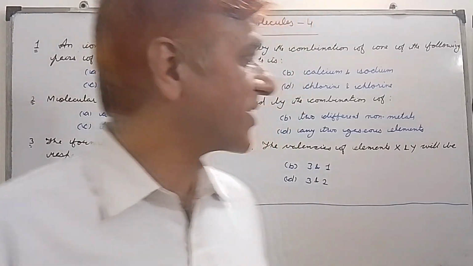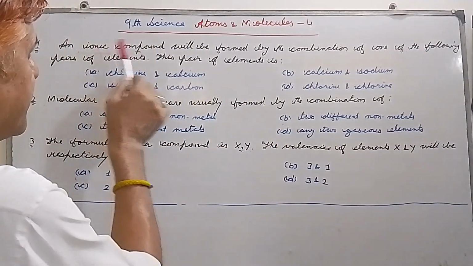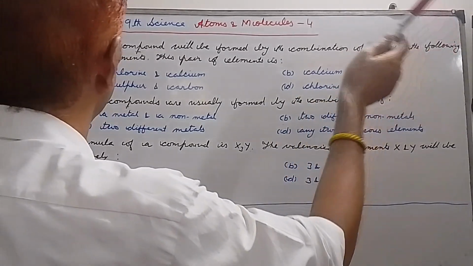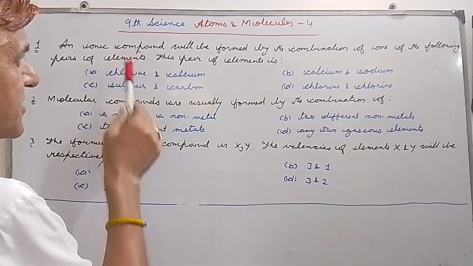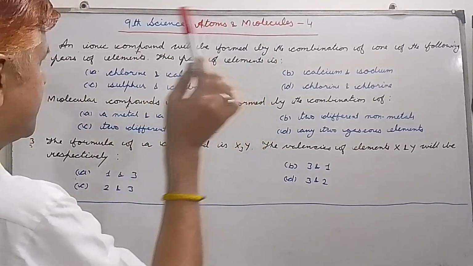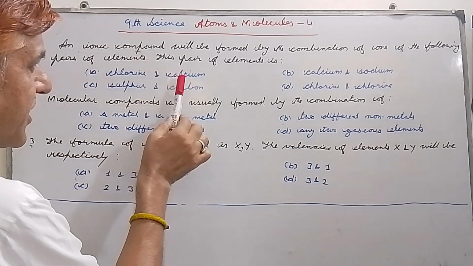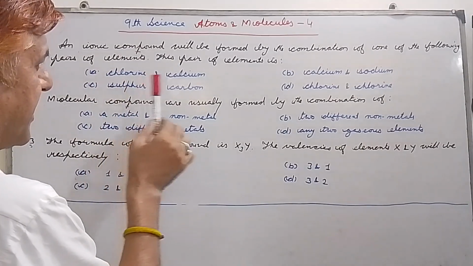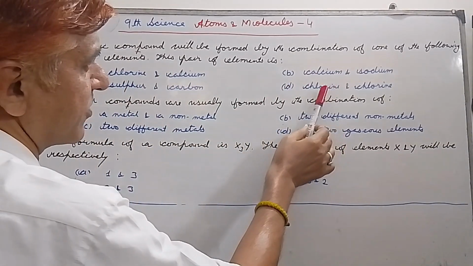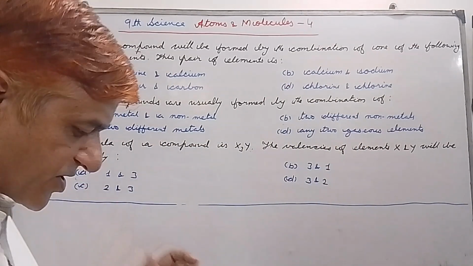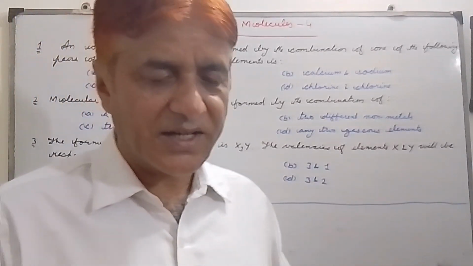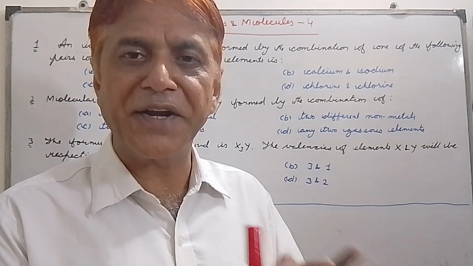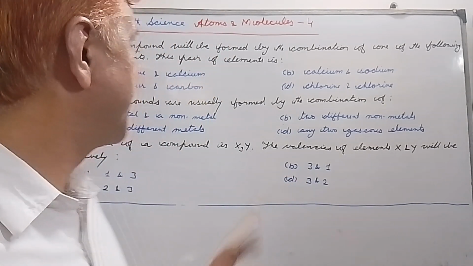The first question which we have taken is: an ionic compound will be formed by the combination of one of the following pairs of elements. First option is chlorine and calcium, B is calcium and sodium, C is sulfur and carbon, and D is chlorine and chlorine. So my dear students, always remember that ionic compounds are formed between a metal and a non-metal atom.